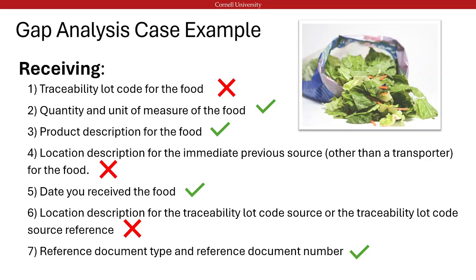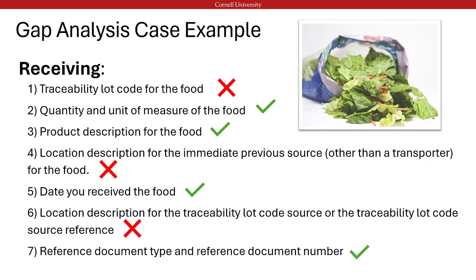So for the gap analysis that we conducted for this bagged salad product, we did actually find some areas where the key data elements were not actually all there. So the quantity and unit measure of the food and product description, those were all there, date we received the food, but there was no traceability lot code coming in for these bagged salad products.